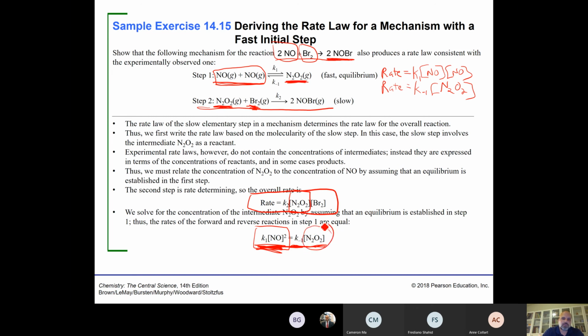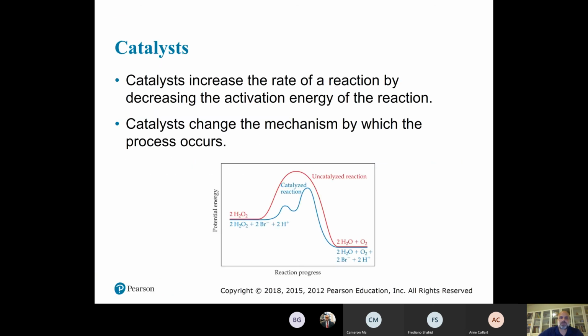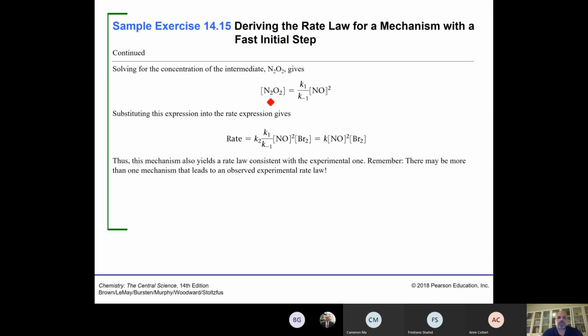We can then solve for the N2O2 and plug that into the upper equation. That's what's done on the next slide. We solve for the N2O2 concentration, and then we plug that in, right?